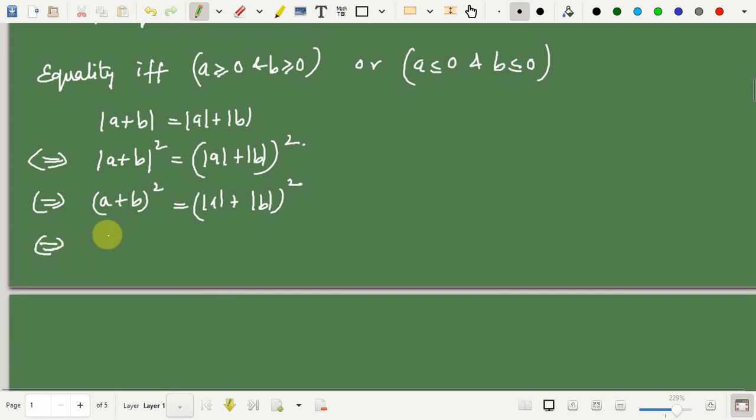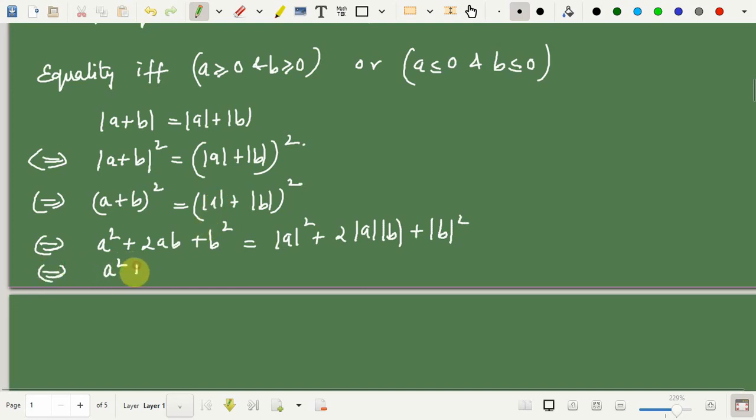You know the evaluation, this is binomial expansion: A square plus 2AB plus B square. This is the same as mod of A square plus 2 into mod of A into mod of B plus mod of B square. Do not forget that here you have mod A and mod B. So, that is the same as saying A square plus 2AB plus B square, which is equal to mod of A square.